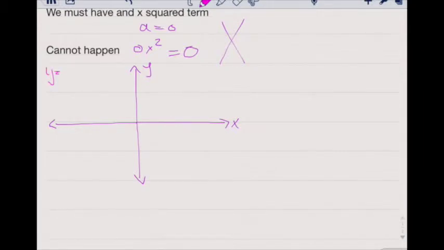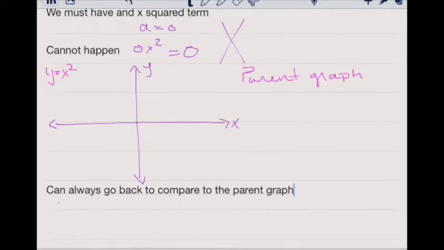I'm going to draw the graph for y equals x squared. Now you'll hear me call this the parent graph. This is because we can always go back and compare any quadratic equation graph to its parent graph. And this will be helpful when we're trying to figure out if it's moved up or down, if it's wider or skinnier, and other visual matters.